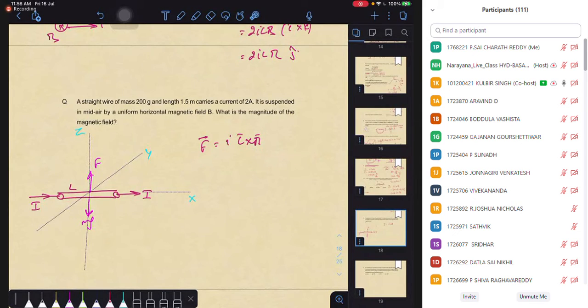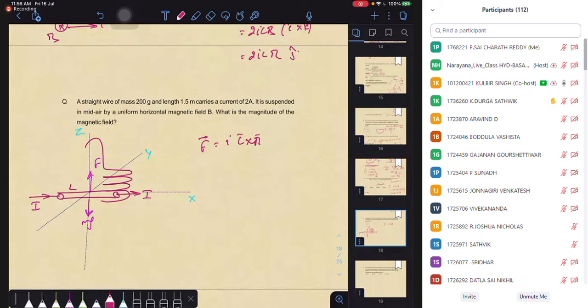You can get it here by the right hand thumb rule. I want my thumb to be in the upward direction, and my right hand fingers are going to rotate toward the y direction only, correct?